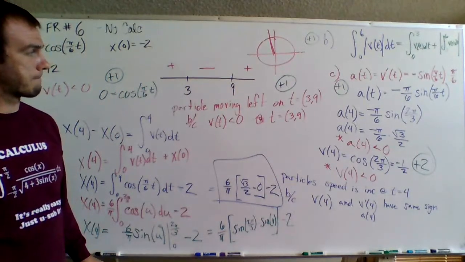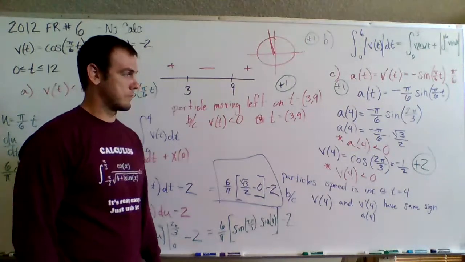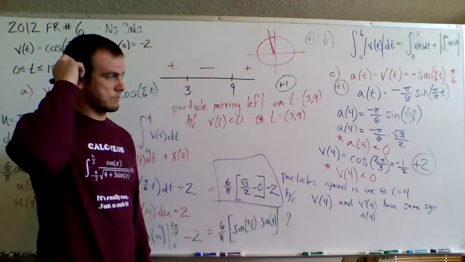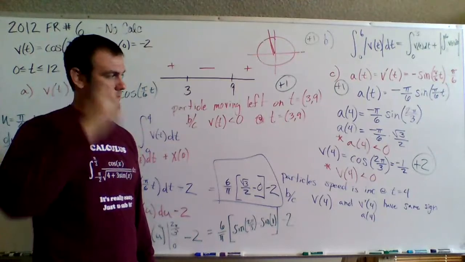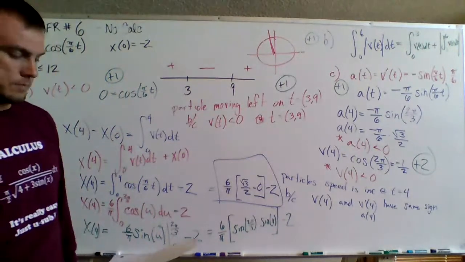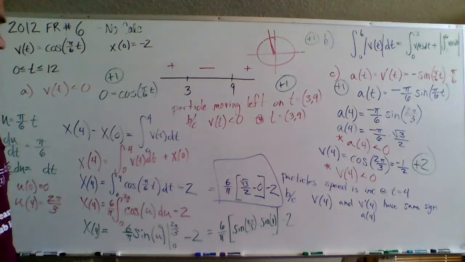Or if you accidentally said cosine of 2 pi over 3 was a positive answer, but your conclusion was right based on your wrong sign for velocity at time 4, you would probably get 1 out of 2. Like if your conclusion matched a wrong arithmetic mistake, they would give you 1 out of 2.